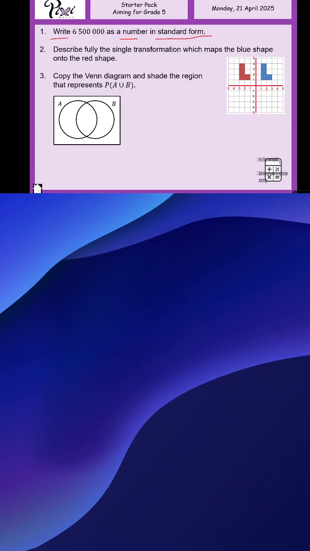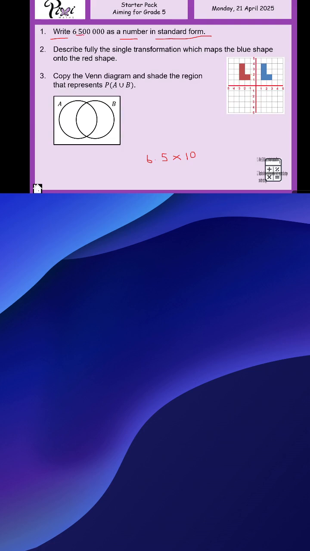So standard form, guys, is a number between 1 and 10 times 10 to some power. The power can be positive or negative. So we're going to have 6.5 because that's the number between 1 and 10. And then I'm going to multiply that by 10 to some power. To go from this to this, start here.